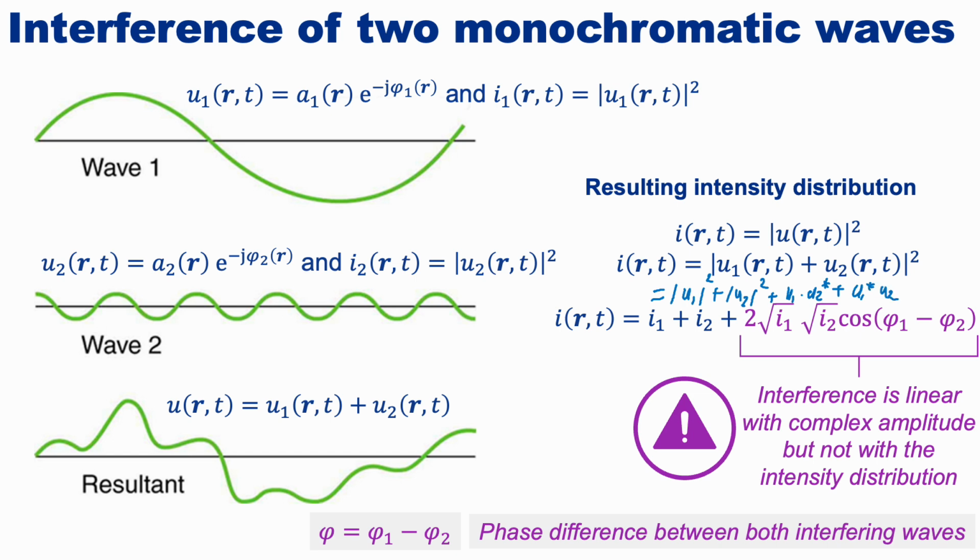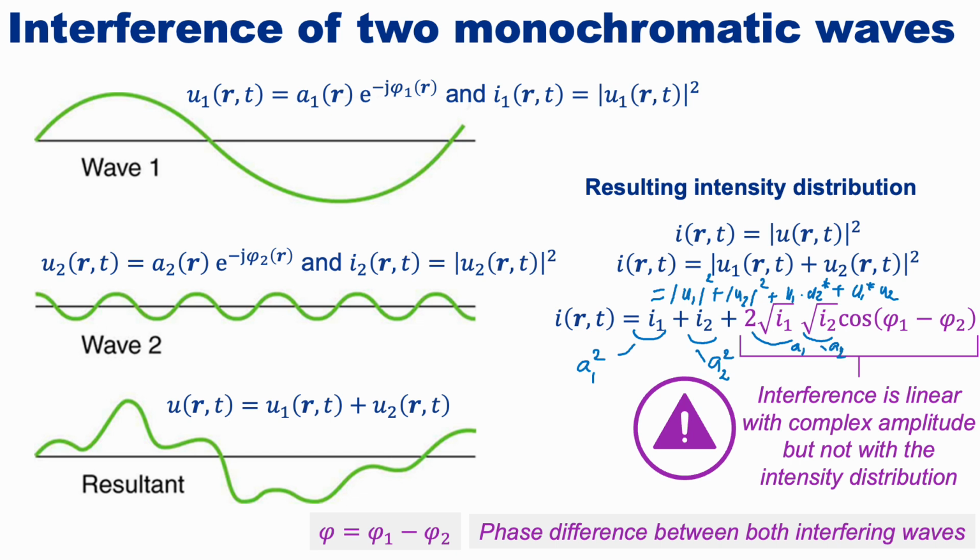Every time we have the modulus squared, that's the amplitude squared, so the intensity is just the square of the amplitude. And having expressed the complex distribution with its phase, at the end what we're going to have here is the amplitudes, the double of the multiplication of the amplitudes multiplied by the cosine of the phase.